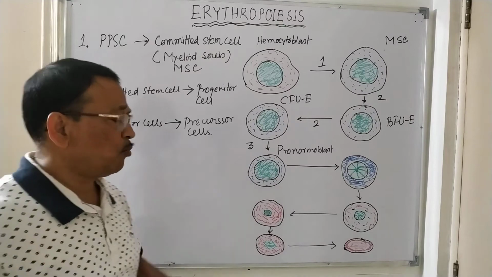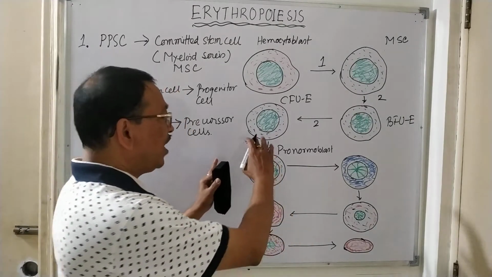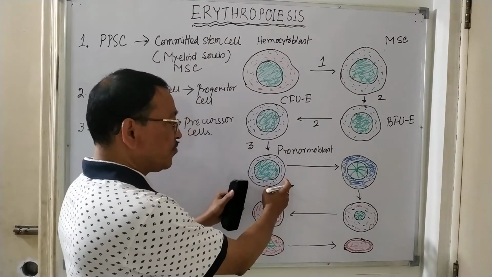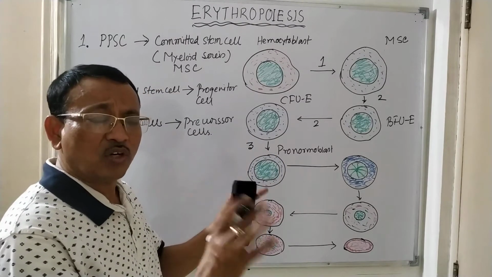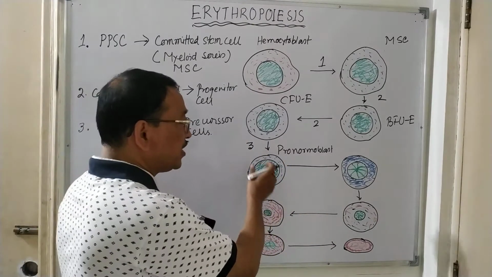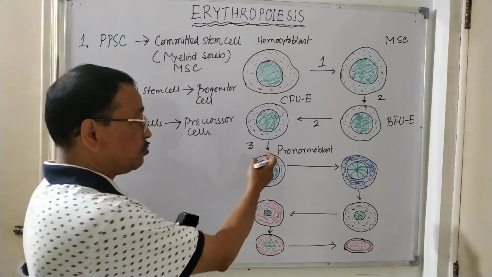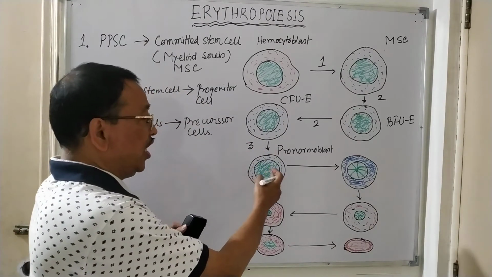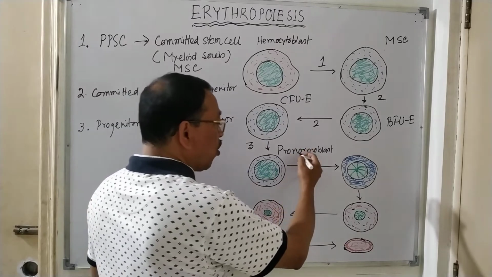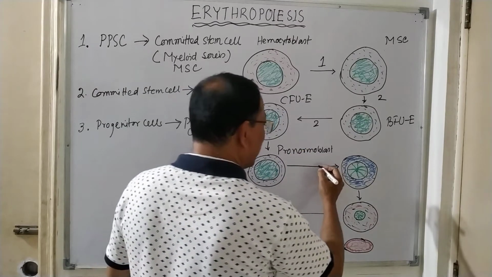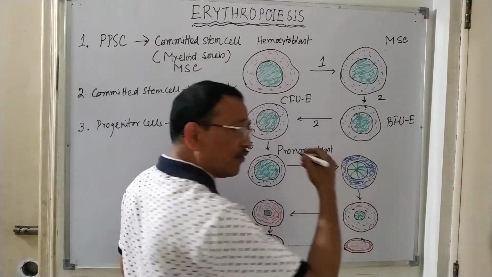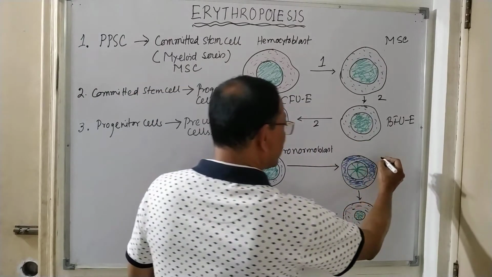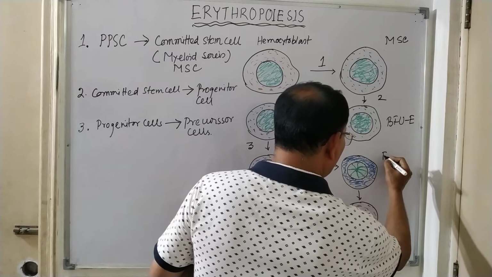This pronormoblast is a very large cell with a large nucleus and scanty cytoplasm. The cytoplasm is less. Now this pronormoblast is further differentiated to form the second level of the precursor cell, which is known as the early normoblast.